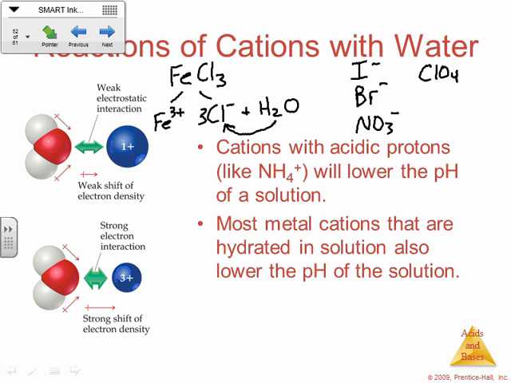ClO4- would not change the pH of a solution, and maybe the AP curriculum writers disagree on this one, but according to your book, ClO3- wouldn't either, right? So those are your main ones, the chloride, and then those, 1, 2, 3, 4, 5. What am I missing? Oh, the H2SO4, okay?